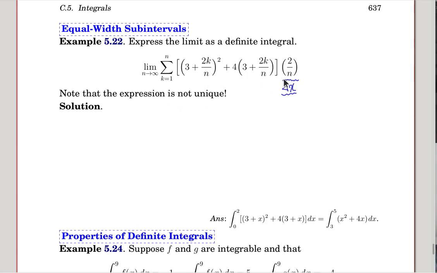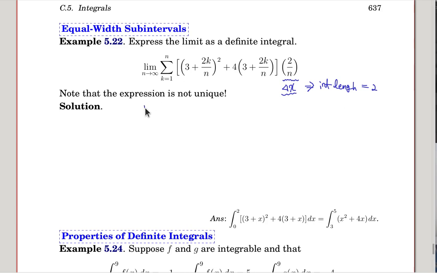And here, the interval length must be, because that is from 1 to n addition, so each delta x added n times, so that n times addition makes the interval length 2, right? Okay, so here you can express it in many ways, and it's not really unique.